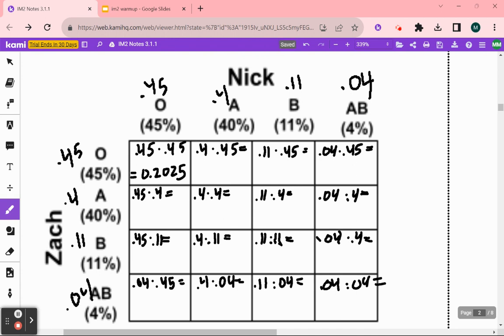Okay. We've got, I'll do the diagonal first, 0.2025, 0.16, 0.0121, 0.0016.